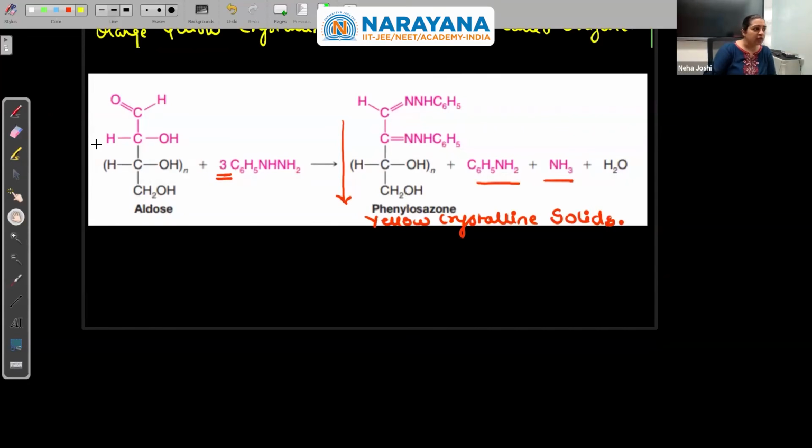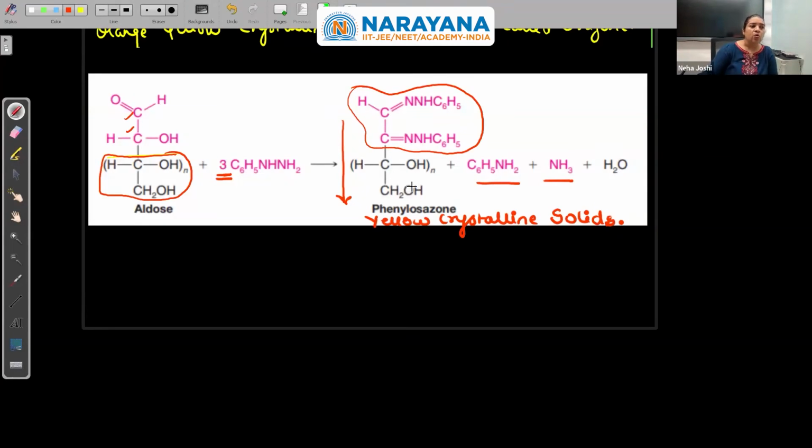So the basic thing to remember is that only the first two carbons involve some change, and the rest remains the same. So there is a formation of yellow crystalline solids.